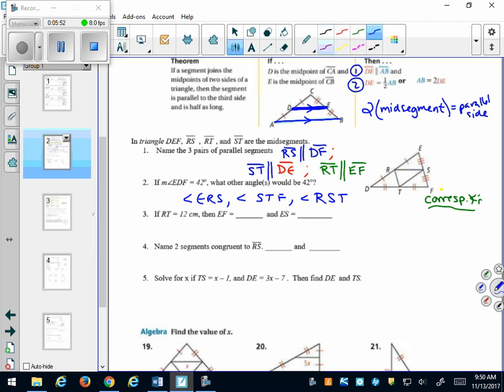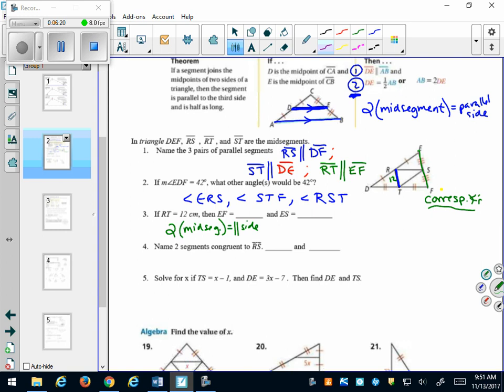The second piece of our theorem there said that it's half the length of the third side. So if RT in this diagram is 12, it's asking what is EF? Well, remember, 2 times the midsegment equals the parallel side.